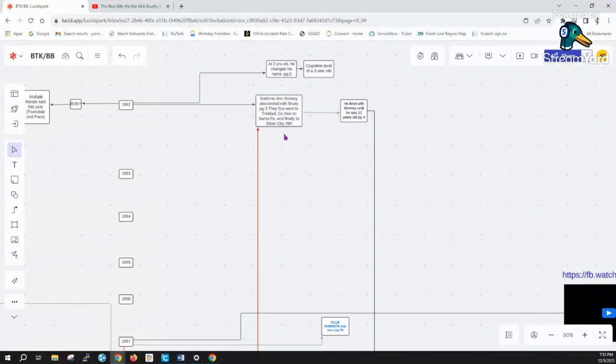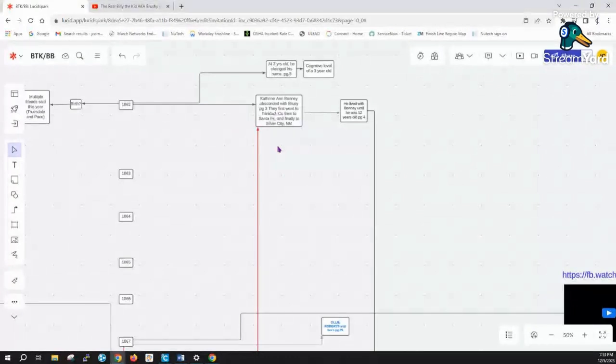These three locations are all within about 100, 150 miles of each other. So the timeline and the travel, if you spread it out over a couple of years, I could see that being a possibility. It wouldn't surprise me if somebody had moved a few times, ended up in Silver City, and he stayed there until he was 12 years old.